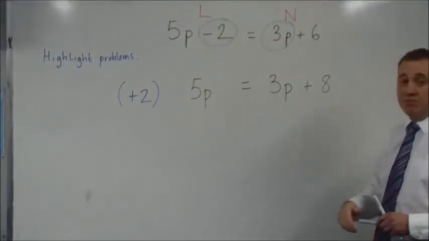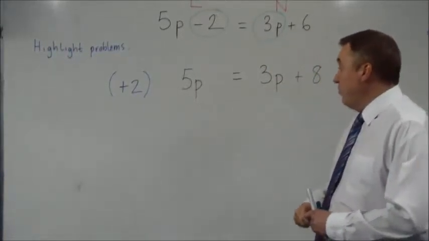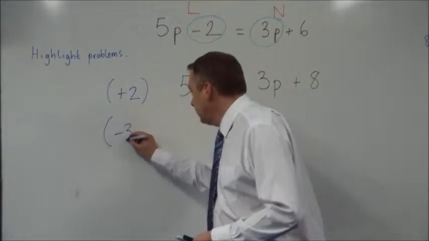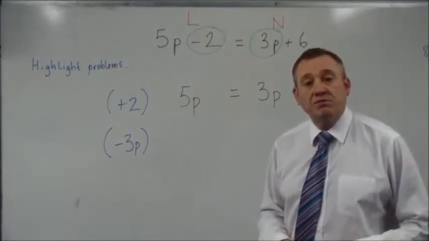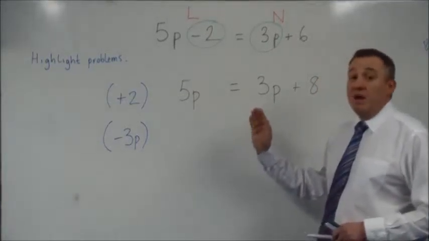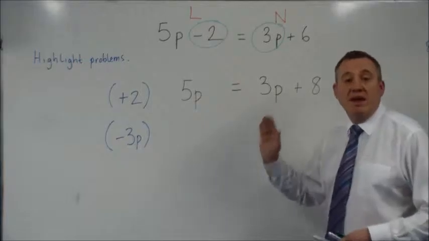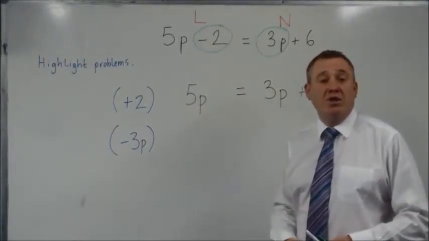Let's deal with the second of my problems. It's a 3p. How do I get rid of 3p? I minus 3p from both sides. Remember, I must do it from the left and I must do it from the right. It has to stay balanced. I've got 5p on the left hand side.